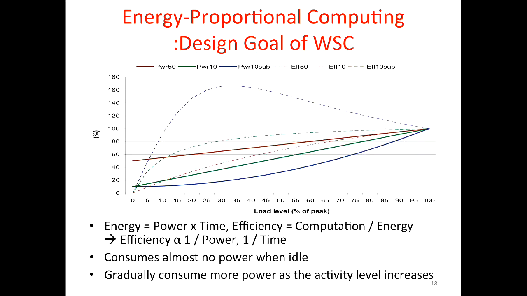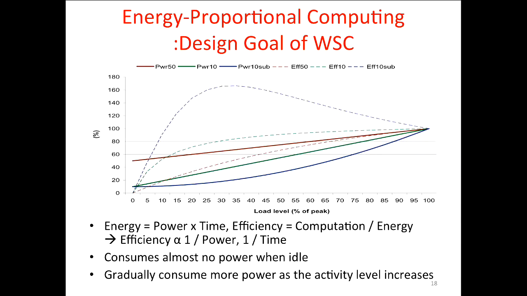So we have to achieve higher efficiency here. That means the server should consume almost no power when it's idle. This green line shows it linearly decreases, but when it's idle, it consumes only 10% of the entire power, okay? Then we can achieve much better energy efficiency here, okay?